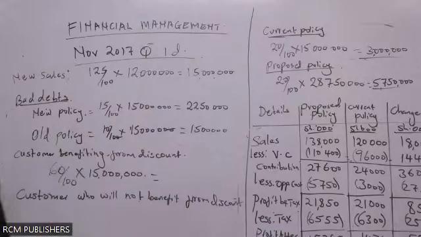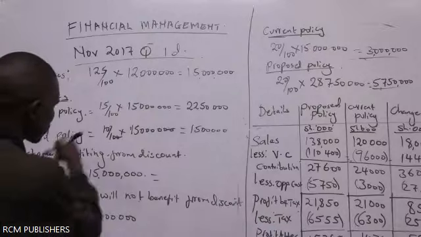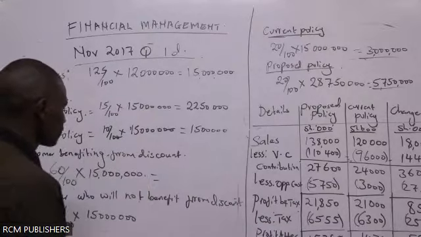Proportion is 40%. 60% will benefit, but 40% will not benefit. 40% of 15 will not benefit. Once they have passed, we get to 60.